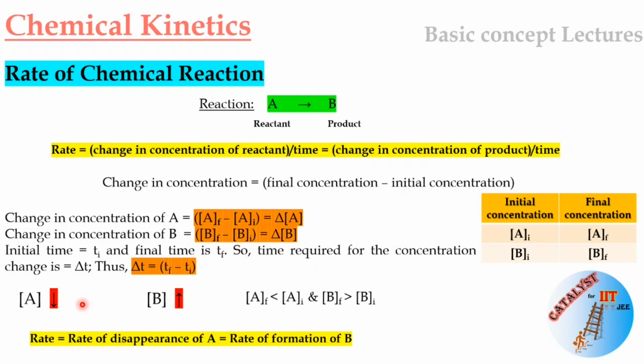So we can say that the rate is the rate of disappearance of A because the reactant concentration is decreasing, and which is also equal to the rate of formation of B, because formation means the concentration of the product is increasing. Now to calculate the time change, the initial time is Ti and the final time is Tf, then the time required for this concentration change is del T, which is nothing but Tf minus Ti.